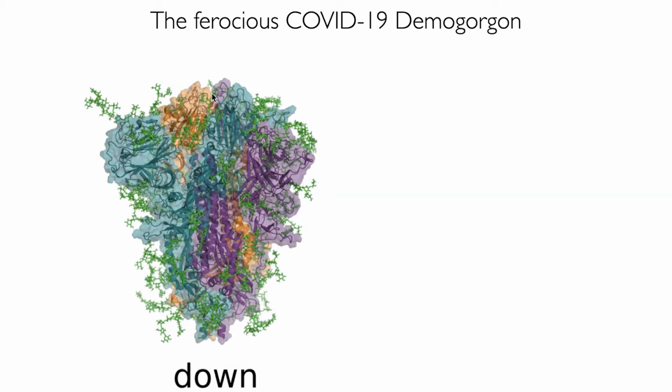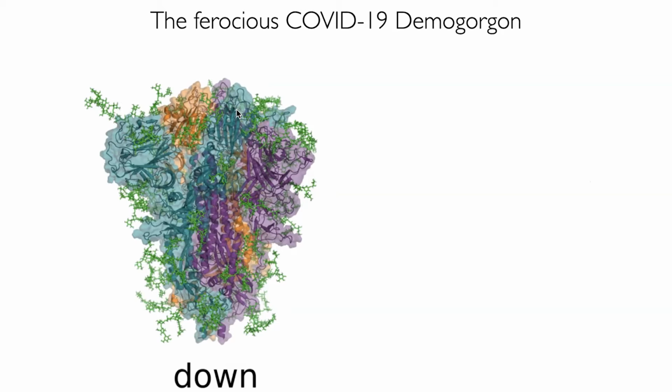One of the things that this does is that this closed or down structure, the most common structure of the protein that we've seen, is actually closed up on itself. So the surface that is responsible for binding ACE2 is buried in this structure, right? That's kind of the equivalent of a turtle pulling its head into its shell.